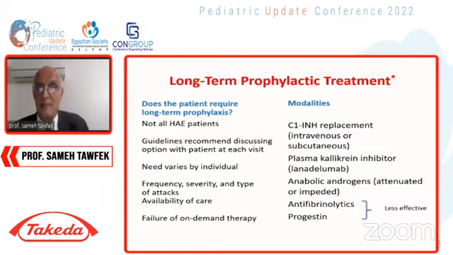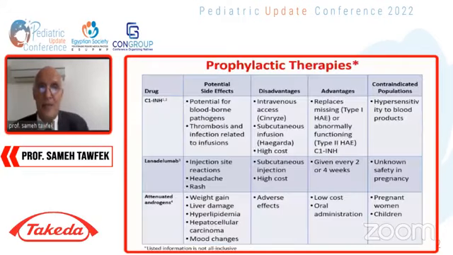Modalities: C1 esterase inhibitor replacement, either intravenously or subcutaneously, plasma kallikrein inhibitors, anabolic androgens, and antifibrinolytics and progesterone or progestin. Those are the factors. These are long-term prophylactic treatments, and these are the prophylactic therapies in this table.